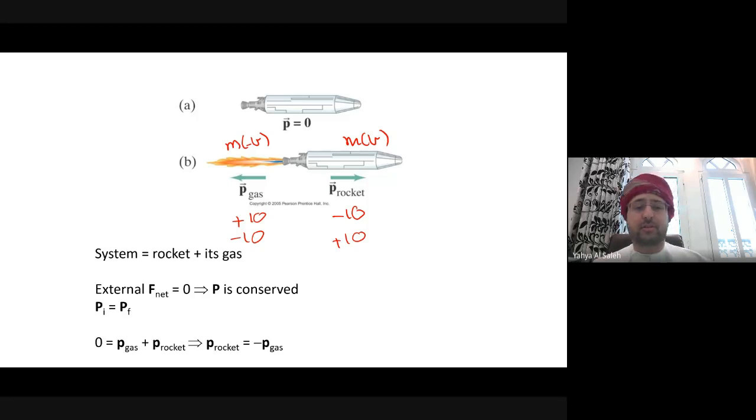So what is our system here? Our system here is the rocket plus its gas, and my external force is equal to 0, which means momentum is conserved. So P gas plus P rocket is equal to 0, which gives me P rocket equals minus P gas.